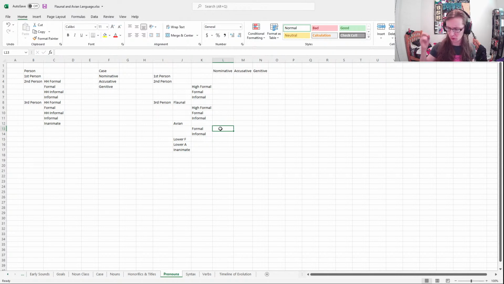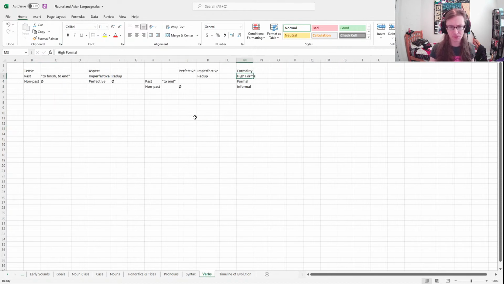And if you are on the council, I think you just use high formal for everyone on the council. I think council will always get high formal. Heads of household always get formal, and then the rest of it's just relative to age and species. Okay, this we can work with.